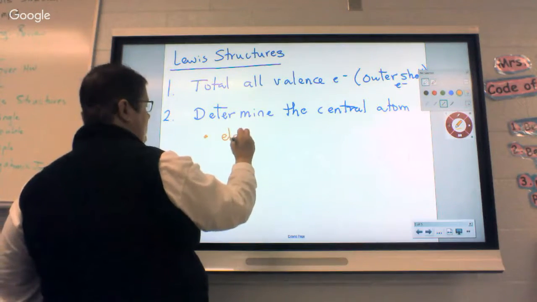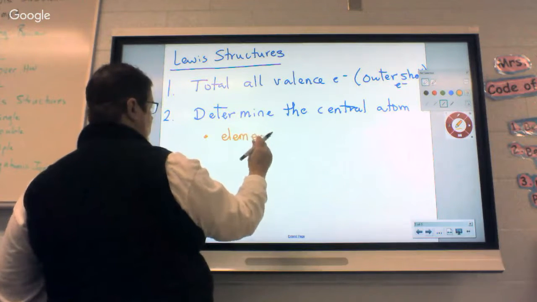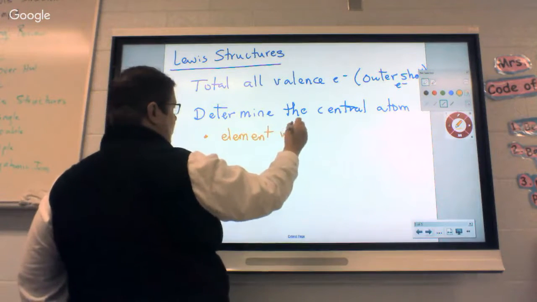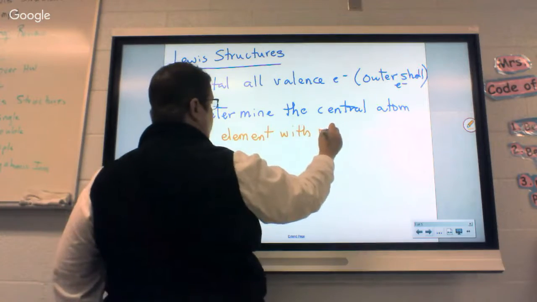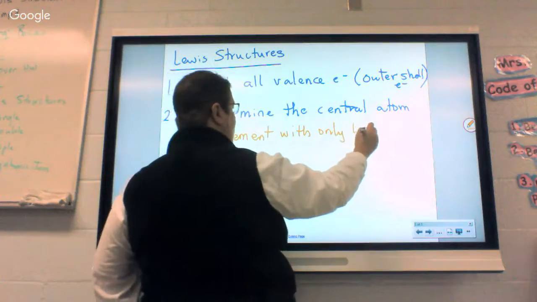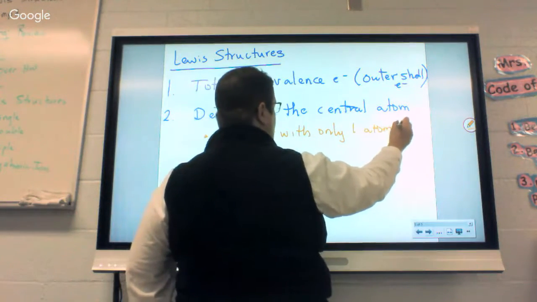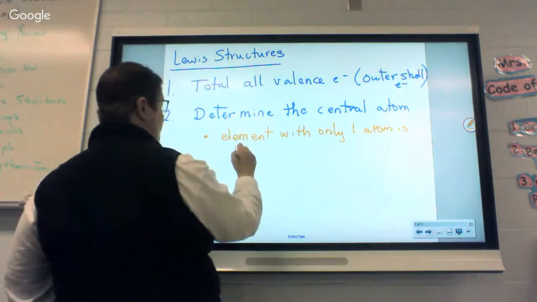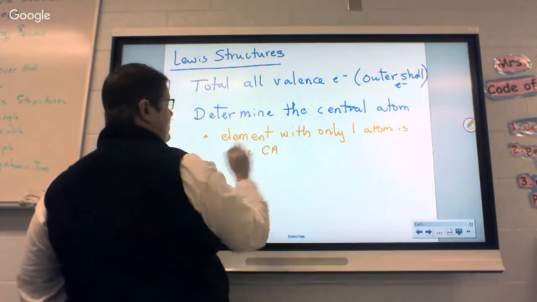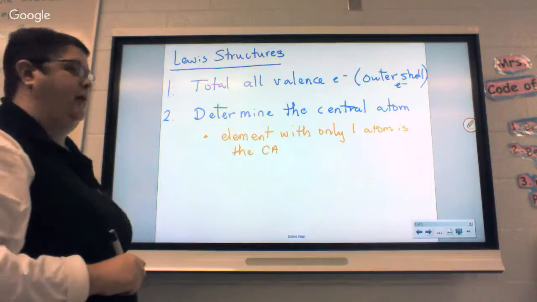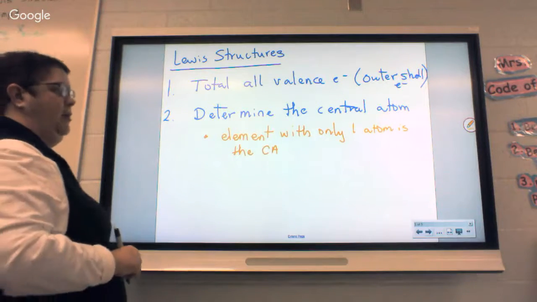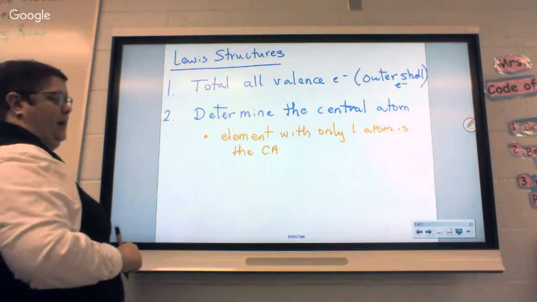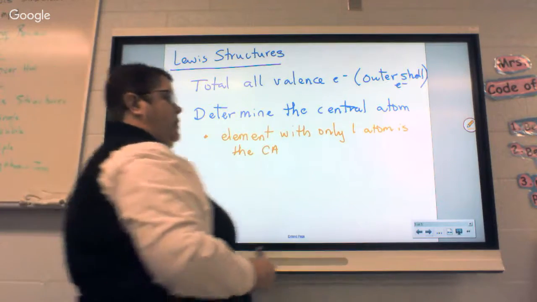The element with only one atom is the central atom. And Ca is central atom. I'm not going to keep writing that out. All right, the element with only one atom is the central atom.